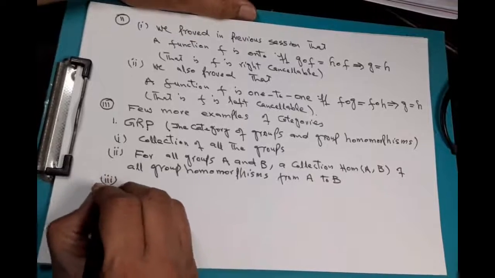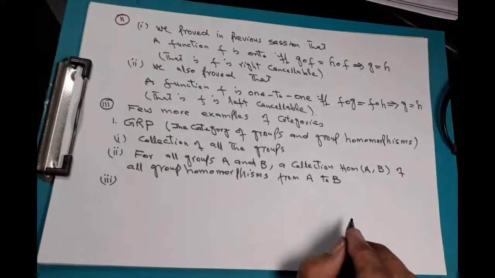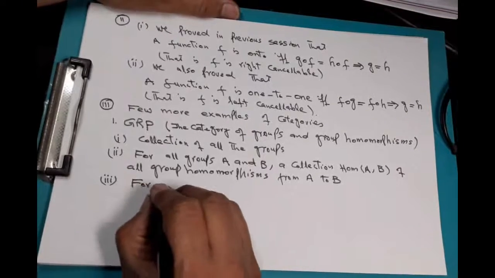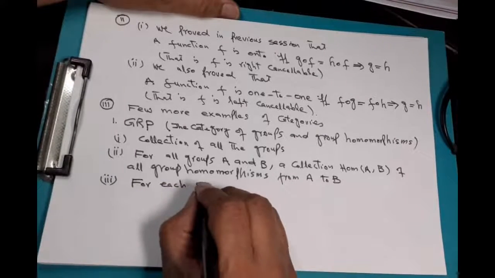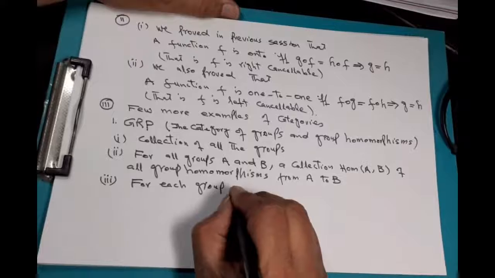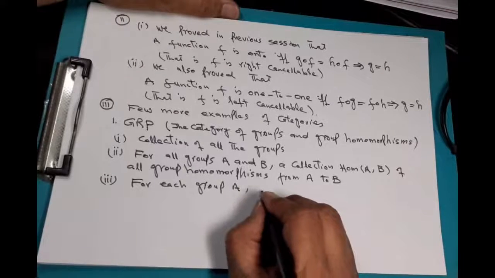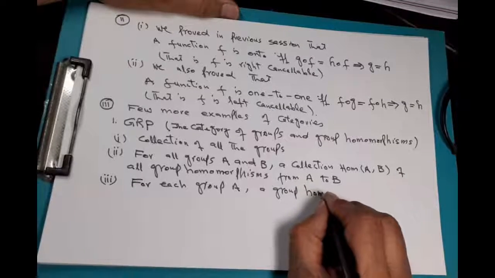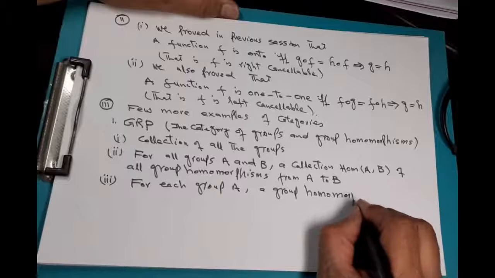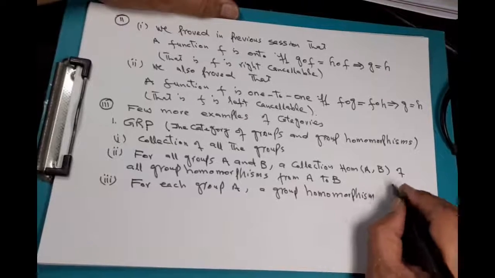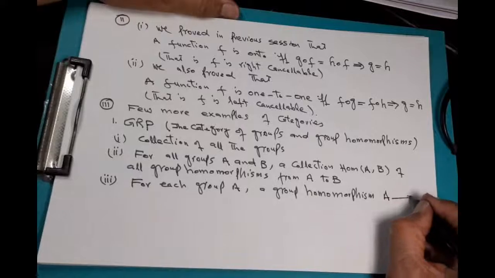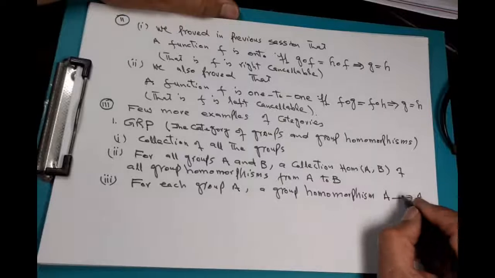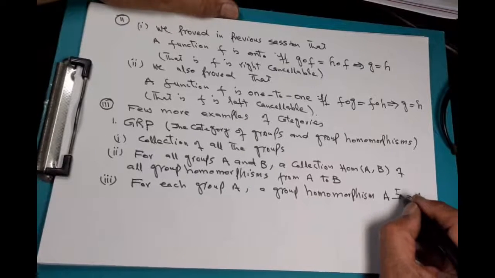And thirdly, similarly as we had in case of sets, for each group A, a group homomorphism with domain A and codomain A as well, the same as it was in the case of the category of sets, and we denote it by this particular symbol.